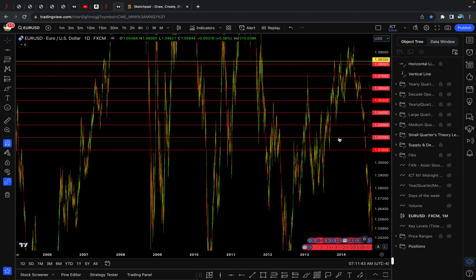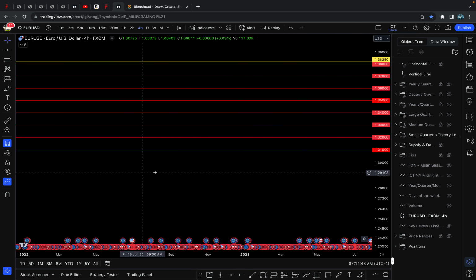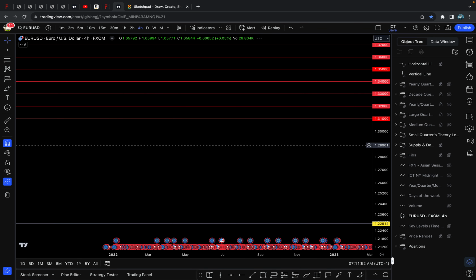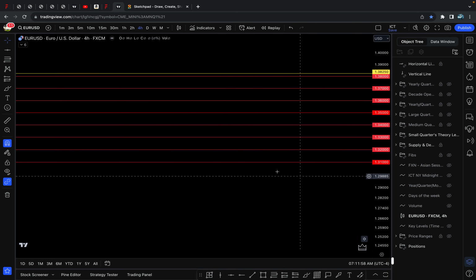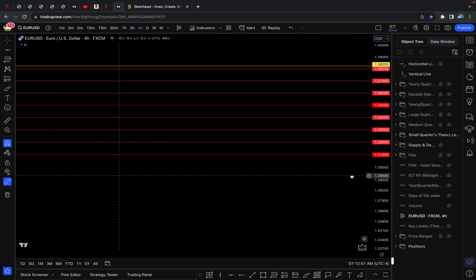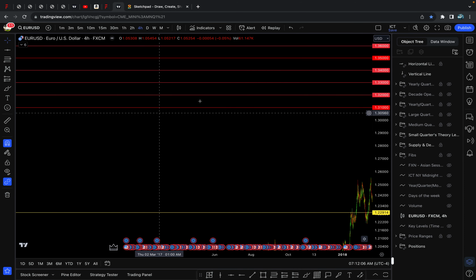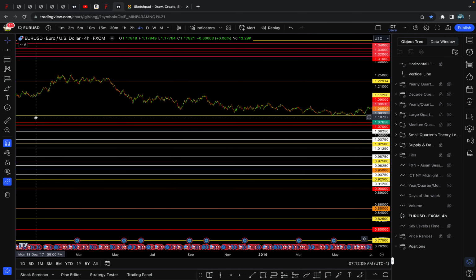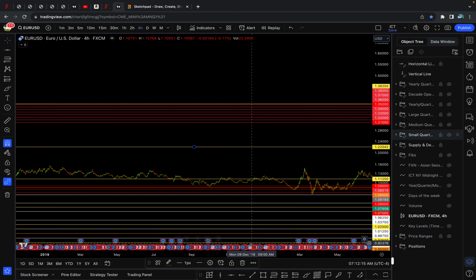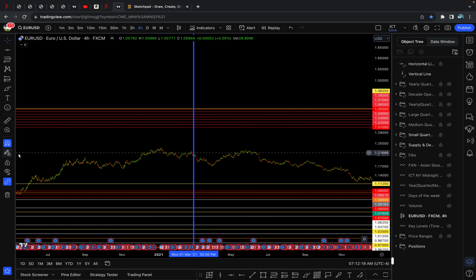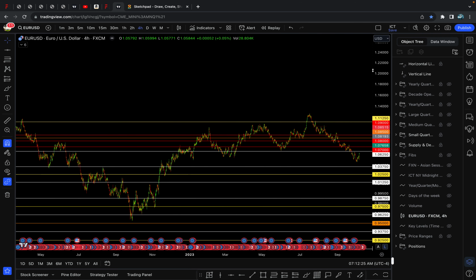Where'd it go? I don't think I can go any more to the left. Alright, whatever.